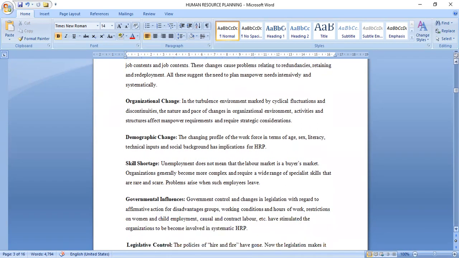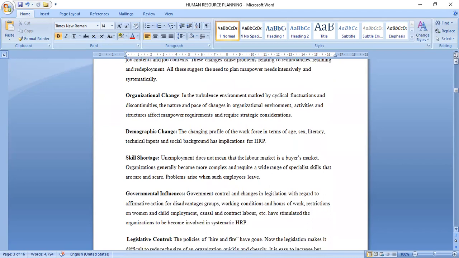Then organizational change, like we've already seen that changes in these organizations where, for example, you may find that an organization is changing from a different business to another business. It is transforming, yeah?